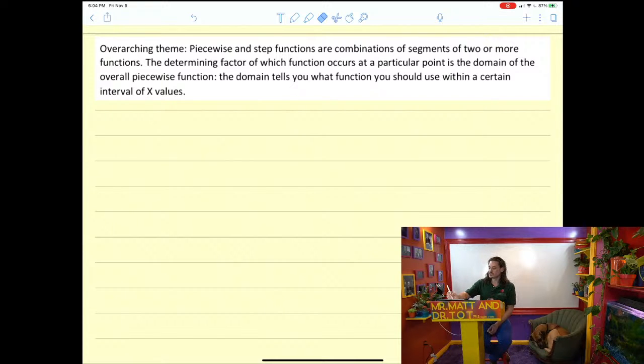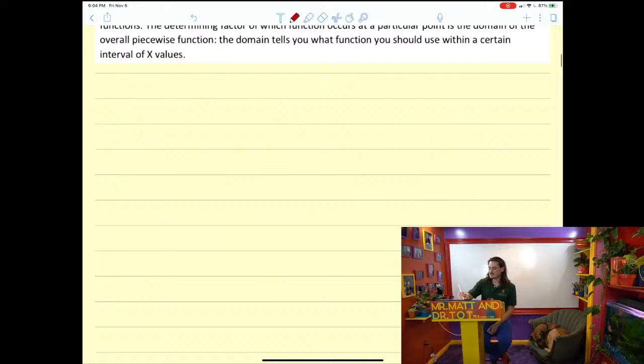So again, just a few definitions. Domain is just a fancy word for the acceptable values of x.